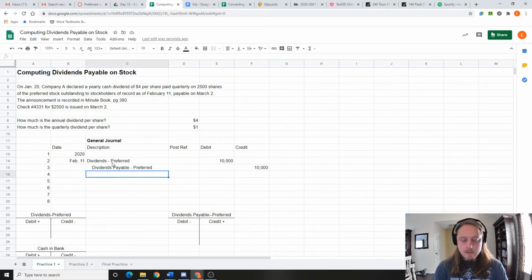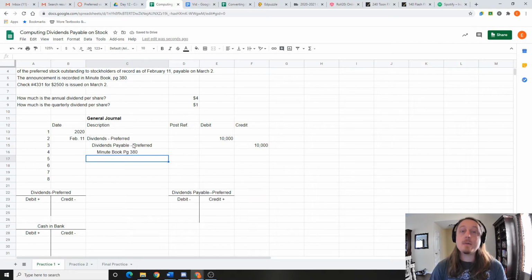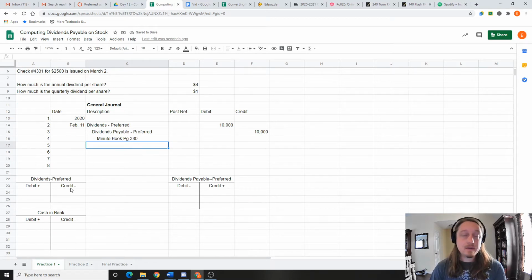Okay, and where did we get this information? This came from Minute Book, page 380. The Minute Book is probably just a meeting book where people got together, decided this, and put it down in what they call the minutes. Okay, we did the general journal, but we haven't done the charts down here so that we can keep things balanced.